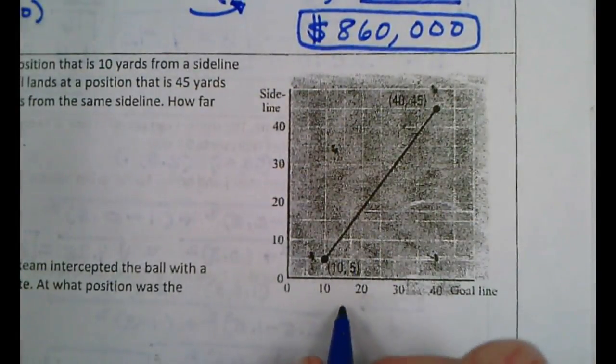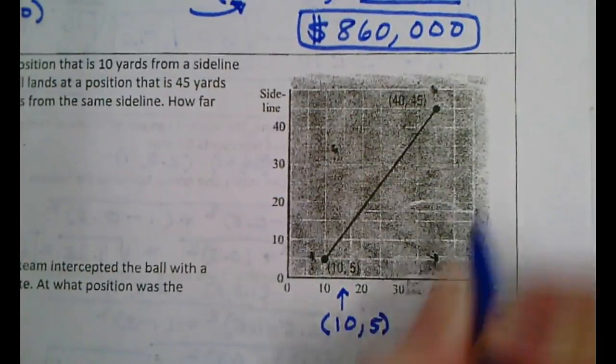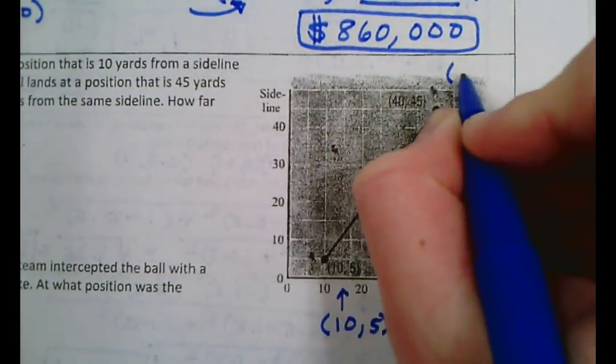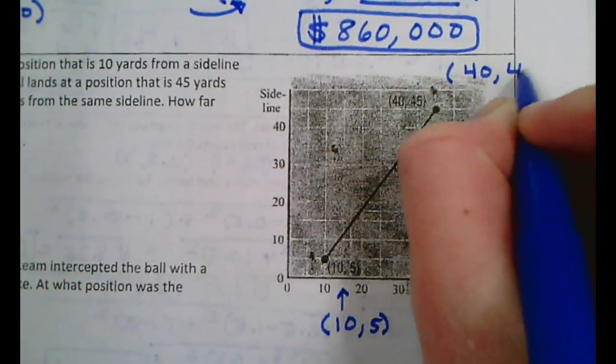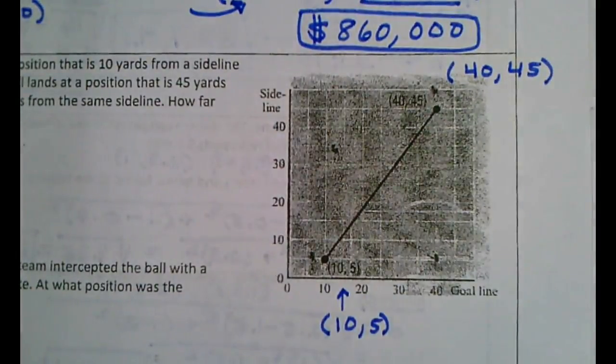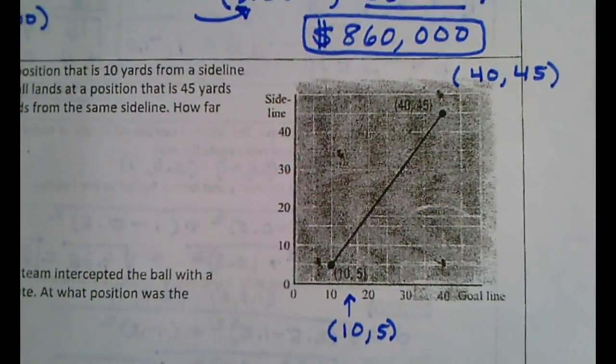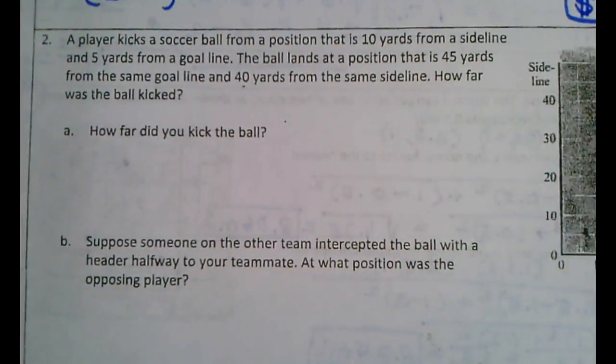And if you can't see this because of the dark quality, it is (10, 5). And over here where the ball fell was (40, 45). Go ahead and answer part A and part B. This puts together two things we have learned today, so make sure you see what the question is asking. Pause the video and try this problem out.